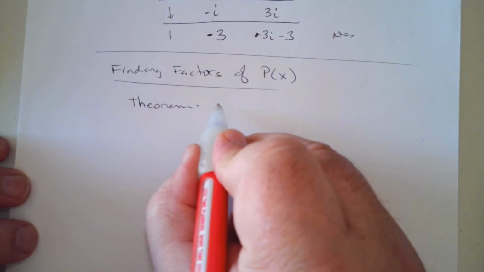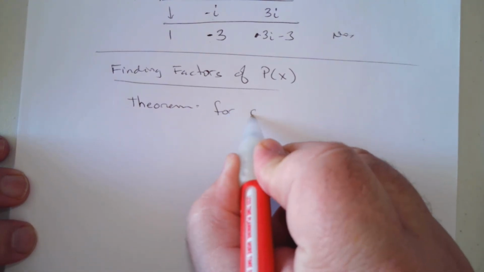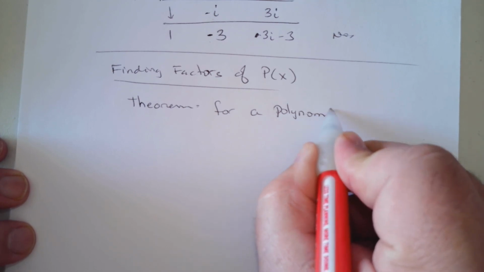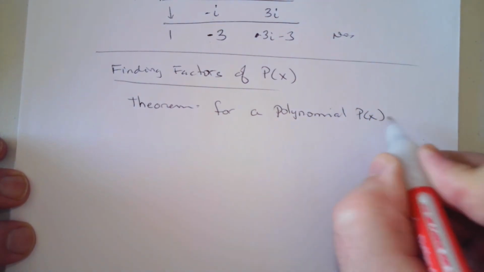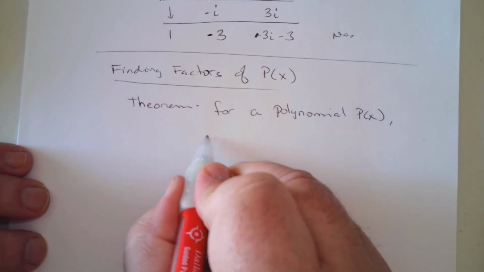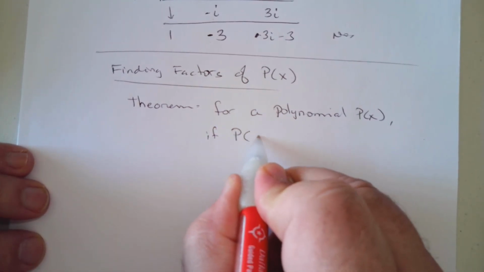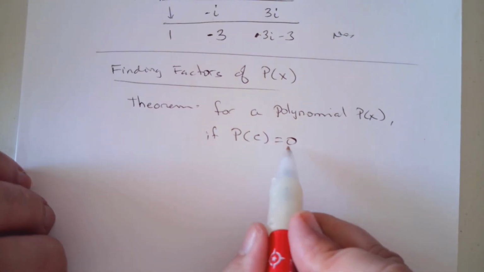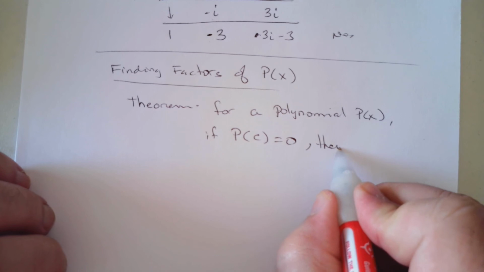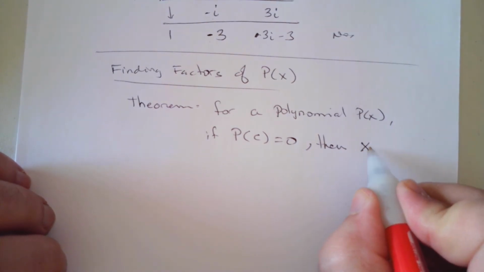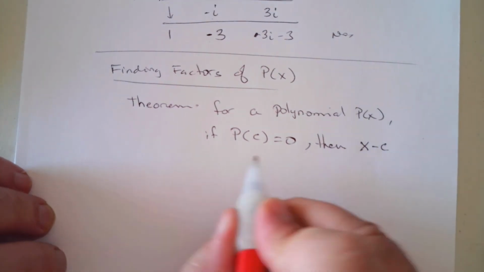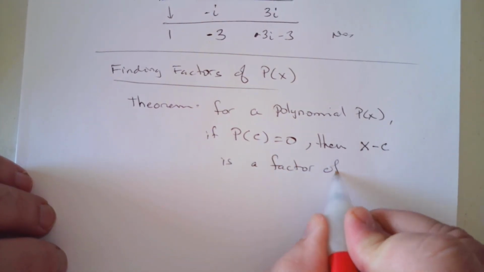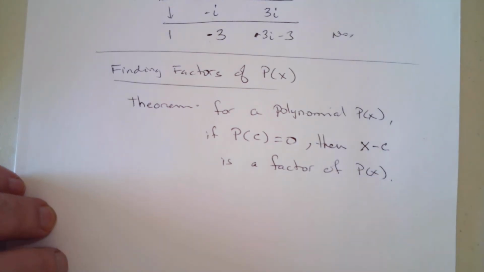The theorem says, for a polynomial p of x, if p of c equals 0, if we plug in some value c and it equals 0, then we know that x minus c is a factor of the polynomial p of x.